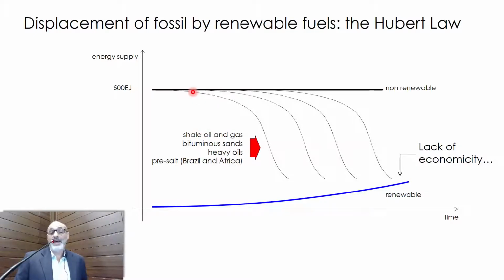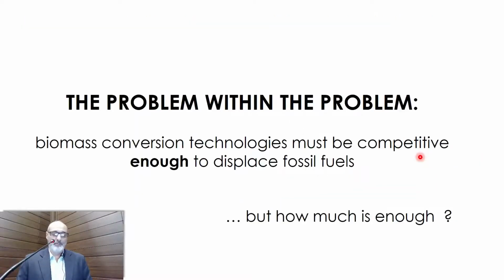So what really happened is that the availability of fossil resources is okay, no problem, okay? And renewable resources or renewable products are having a hard time taking the place here, mainly due to lack of economicity. And that's one of the focal points of this tutorial today, okay?